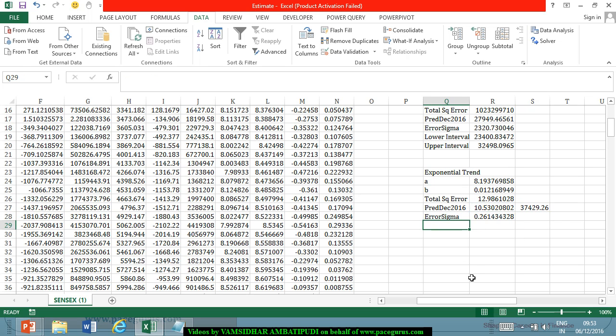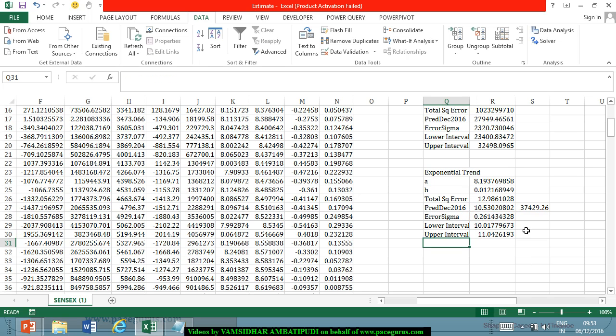First of all I'll compute the logarithm based lower interval, which is 10.53 minus 1.96 times sigma, and the upper interval again for the logarithmic terms, I am getting it as the predicted value plus 1.96 times sigma.